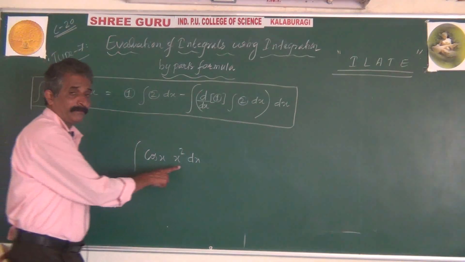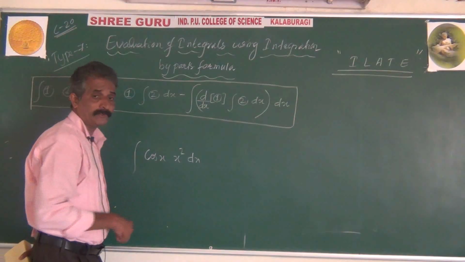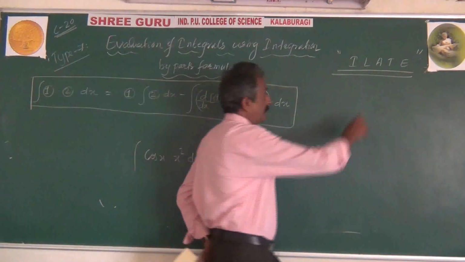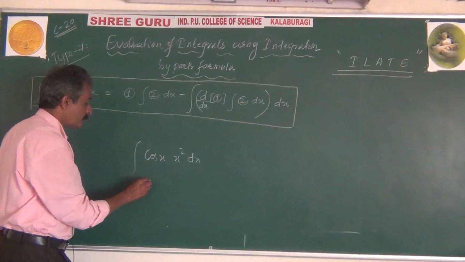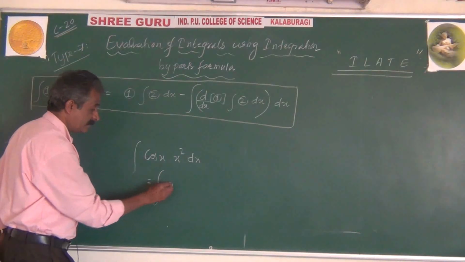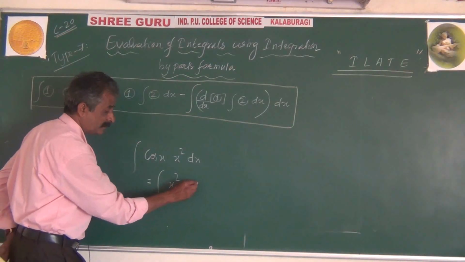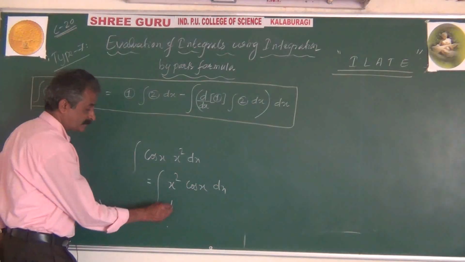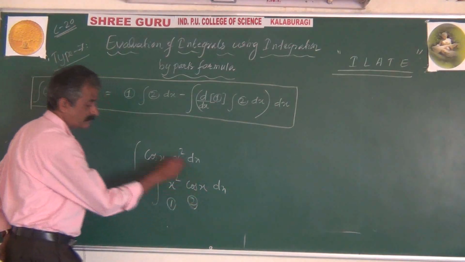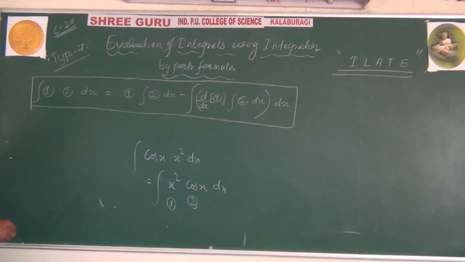What is x square? Algebraic function. What is cos x? Trigonometric function. Algebraic comes first, then trigonometric. So this problem should be rewritten as x square into cos x, so that x square will be the first function and cos x the second function.